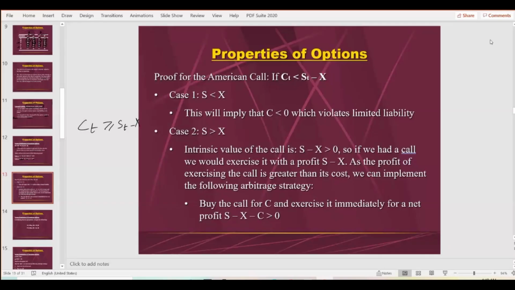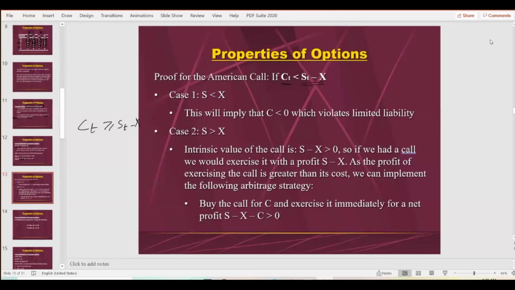So here we are assuming that, let's say, CT is less than ST minus X, and we'll see what will happen. If we violate any of the assumptions, this means that it can never be the case that CT is less than ST minus X.